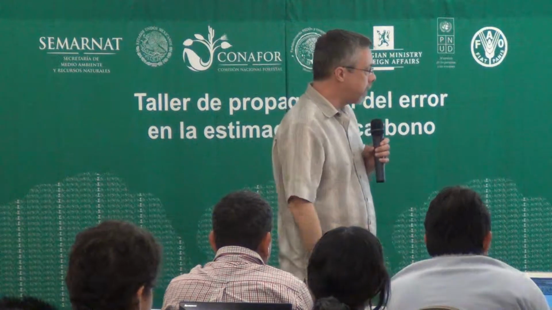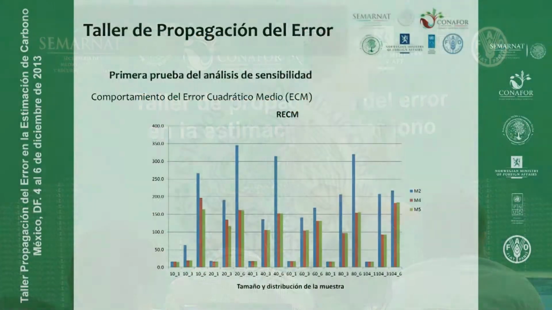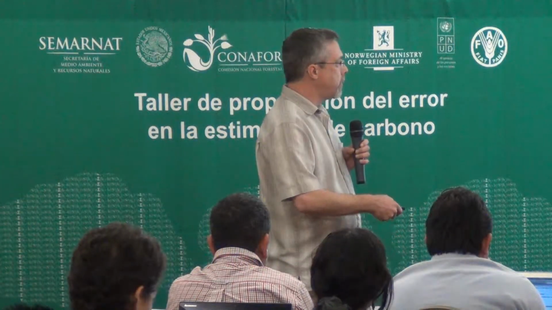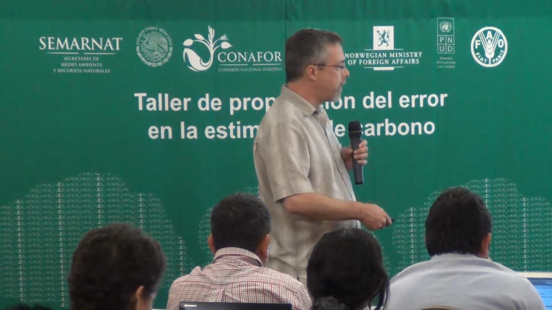So let's take a look at these in graphical form. Basically, the root mean squared error performance, as you see, this is diameter classes ranging from lower n to higher n, and then the 1 is the concentrated, the 3 is of course the intermediate, and the 6 is that optimal. With low n and having the optimal distributions, our root mean squared error increases, right?